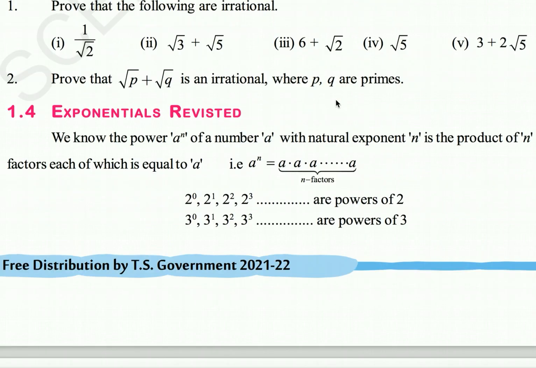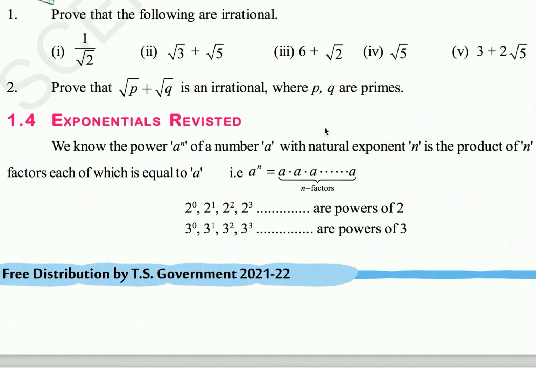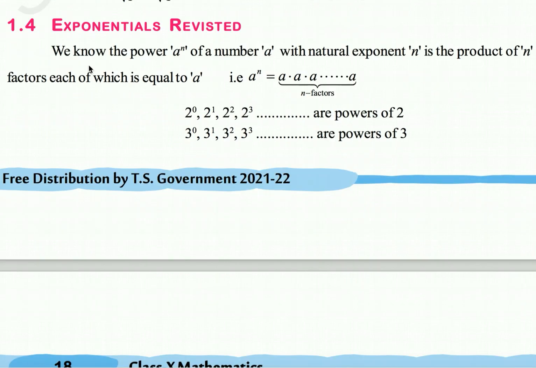Exponentials revisited. We know that the power a power n of a number a with a natural exponent n is the product of n factors, each of which is equal to a. That means a power n equals a into a into a into a, n times. Okay.